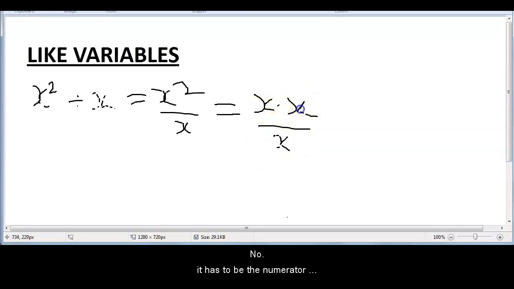It has to be one on the numerator cancelling the denominator, or the denominator cancelling the numerator. So x now will cancel x. We are left with a single untouched x on the numerator side of the expression. This is now our answer, this untouched x.